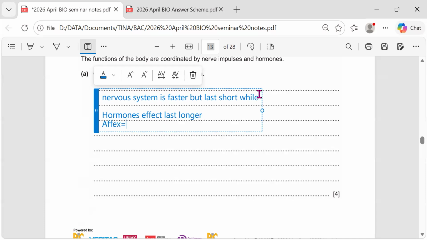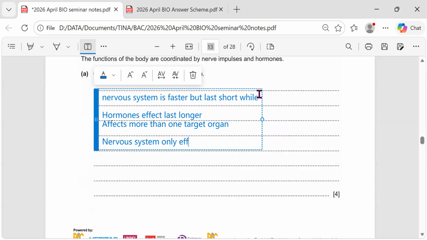A hormone affects more than one target organ, called target organs, but the nervous system only affects one effector, the muscle.